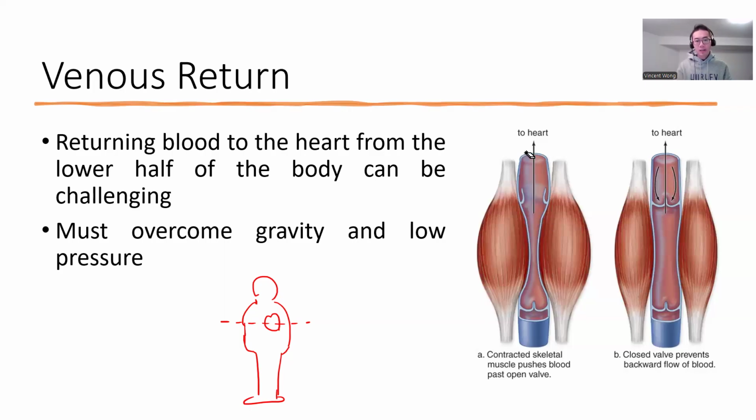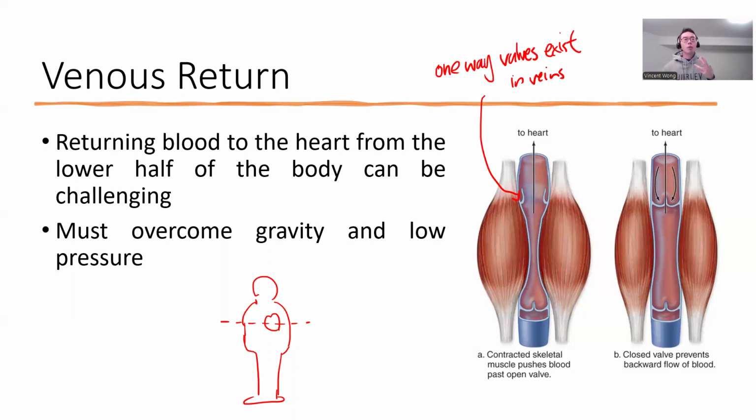Right? So in the veins, there are these one-way valves that exist in veins, and there are muscles that surround the veins. These are skeletal muscles like the muscles in your calf, the muscle in your quads.